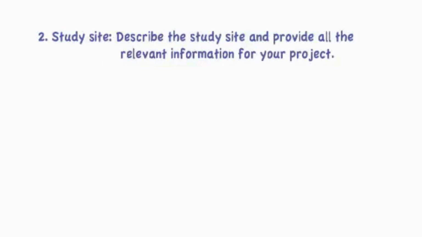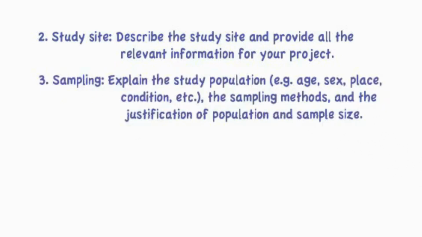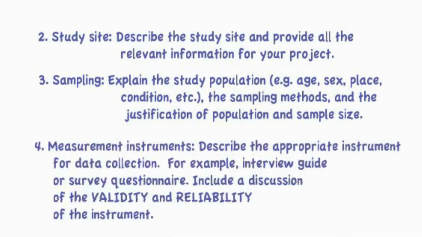You would describe it, provide all the relevant information for your project site. You would explain the sampling, provide justification for the sampling. If there were measurement instruments, you would describe those and explain how they were valid and reliable.